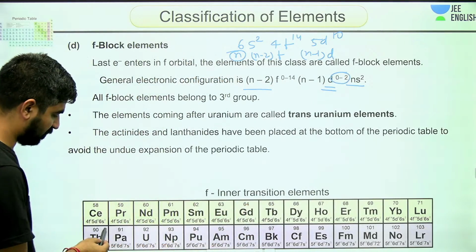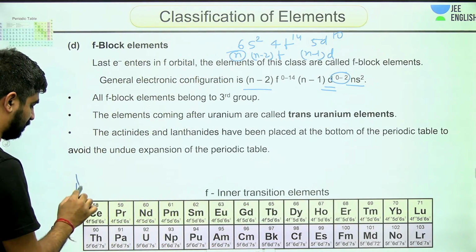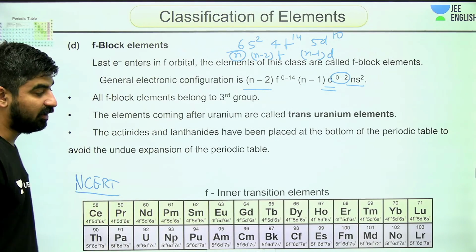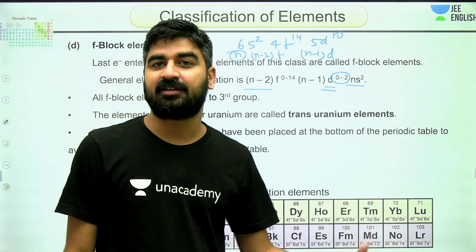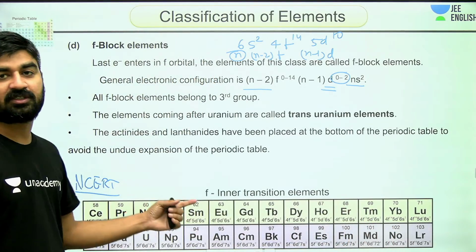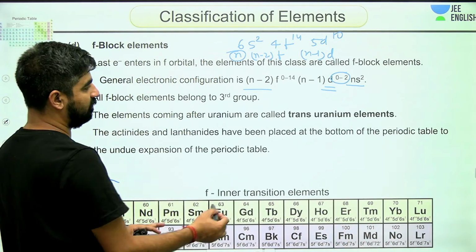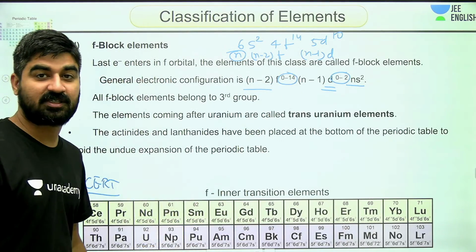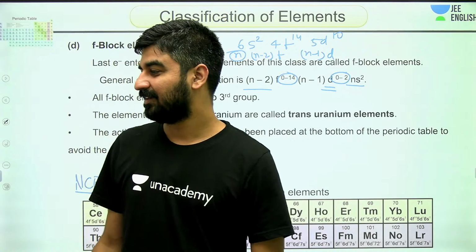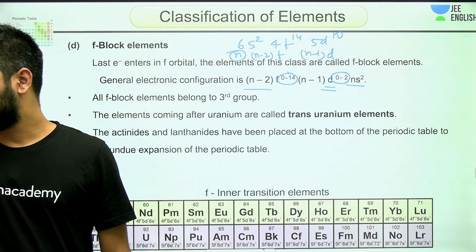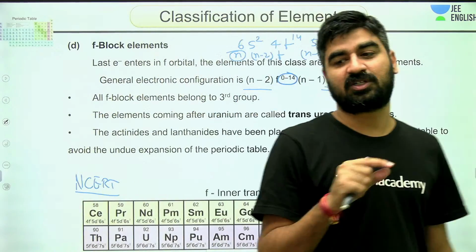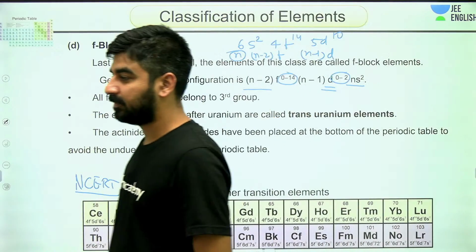You can find this configuration in NCERT, right? If you can't see it clearly, then you can go and watch in NCERT. So nf will be 0 to 14. Just remember it, guys. d can have number of electrons 0 to 2. Got it?